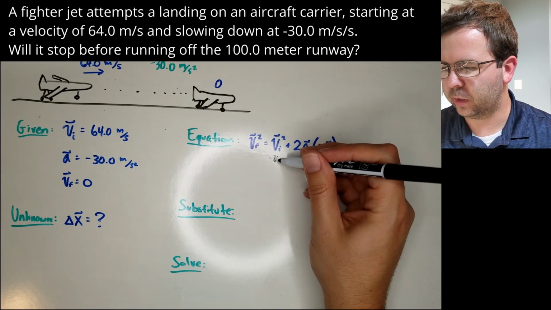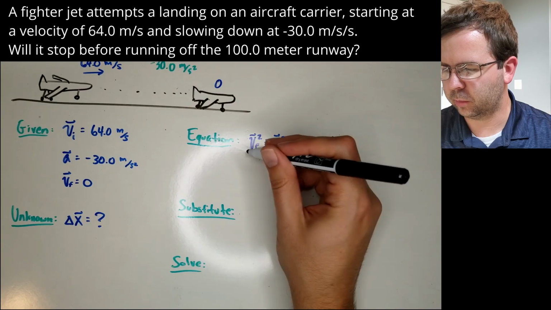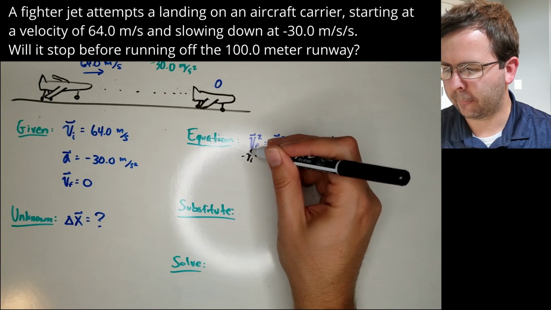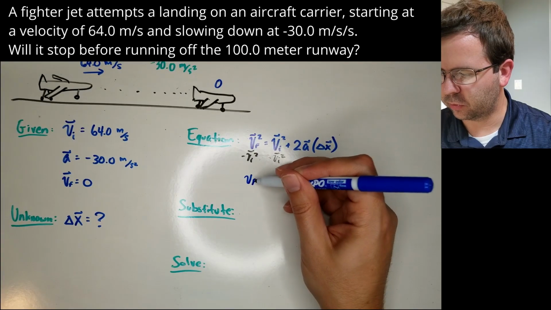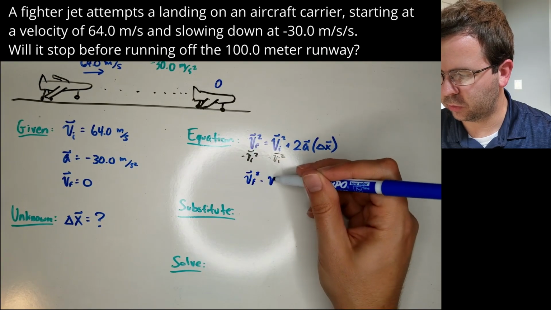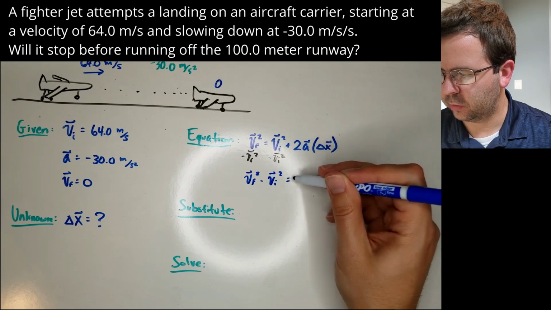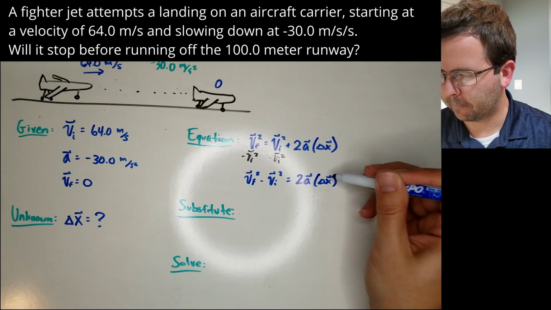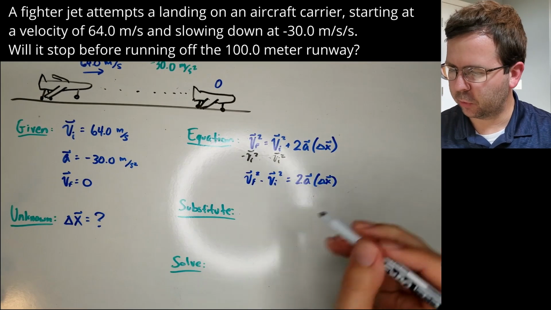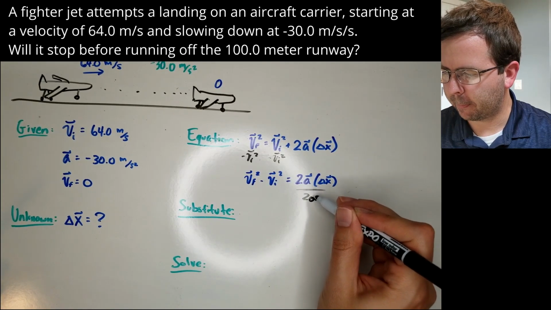I'm going to subtract the initial velocity squared on both sides of the equation. So that's going to give me the final velocity squared minus the initial velocity squared is equal to 2 times the acceleration times delta x. And then I'm going to divide both sides by 2a.